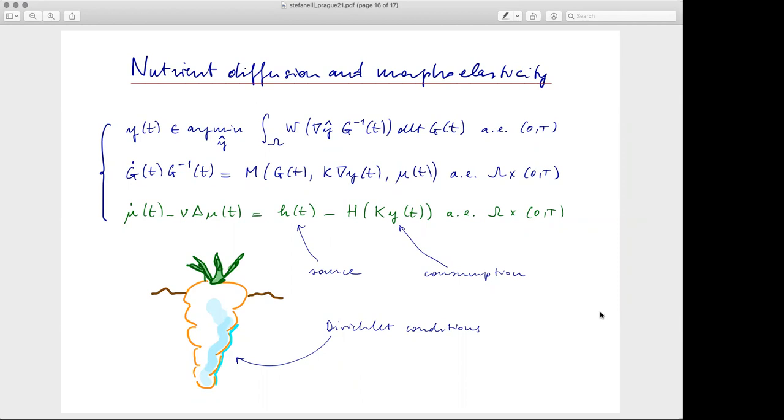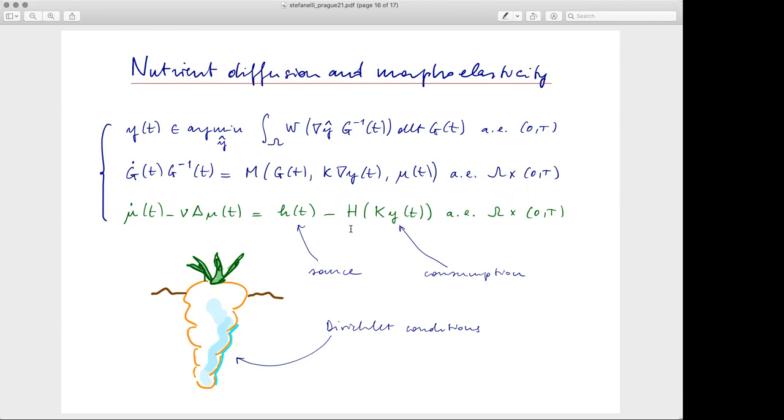It's an extra variable to be solved for, and we assume that mu is diffusing. So you have a diffusion equation for mu, a linear one, and the evolution of mu is pushed by possibly a source h, which we assume to be given. But it's also influenced by the body, and this influence is modulated by this maybe smooth function big H.